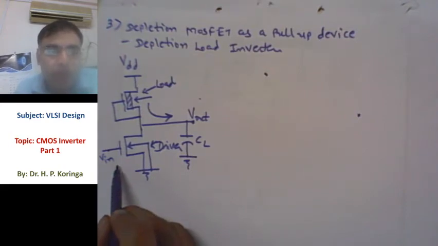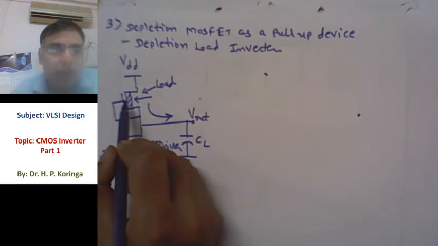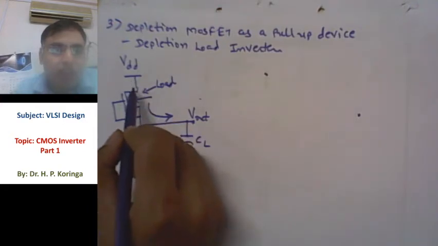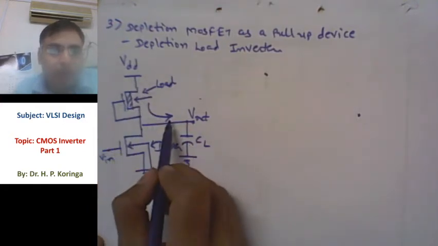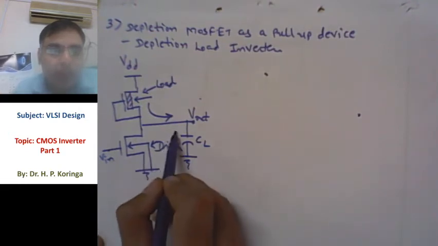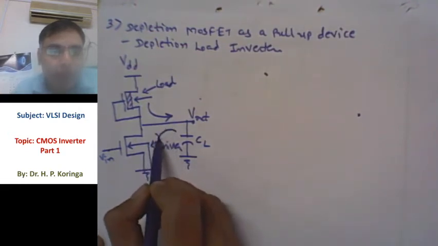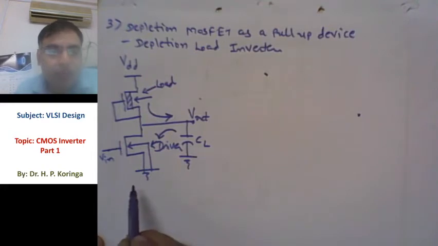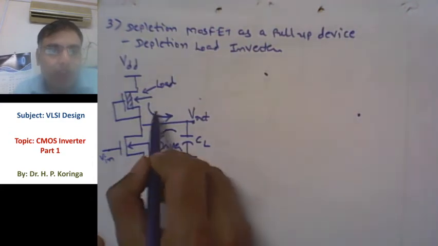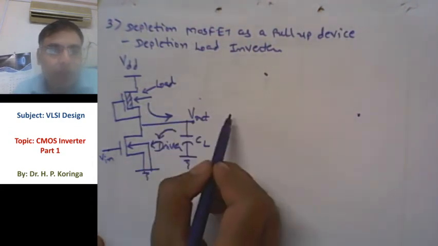When input is logic 0, the driver operates in cutoff and the load MOSFET operates in conduction. So the load capacitor is charged from VDD through the load MOSFET, right? And when the input is logic 1, the charge is discharged through the driver MOSFET. So the driver MOSFET works as a pull-down device and the load MOSFET works as a pull-up.